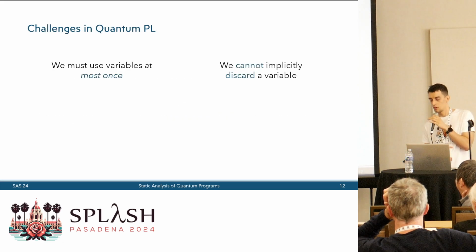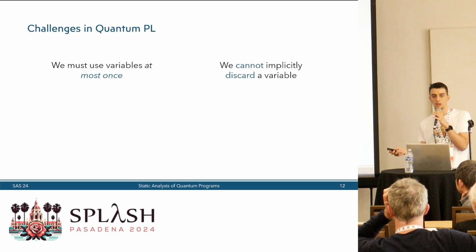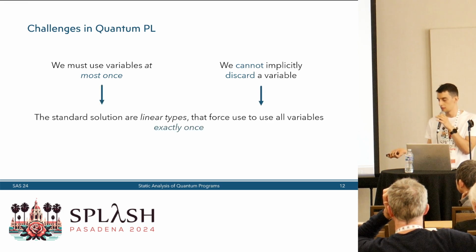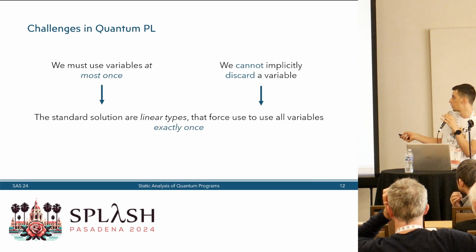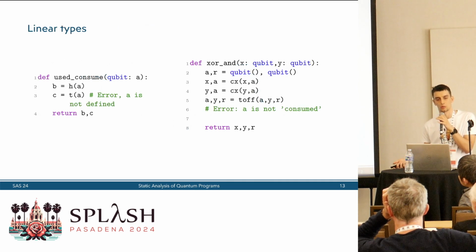So now we have 2 constraints. The first says that we must use a variable at most once, and the second says that we cannot implicitly discard a variable, since we cannot just drop it. If we put together these constraints, we obtain that we must use all variables exactly once, because this constraint implies these 2 conditions. And in fact, the standard solution in the literature is to use linear types for quantum programs.